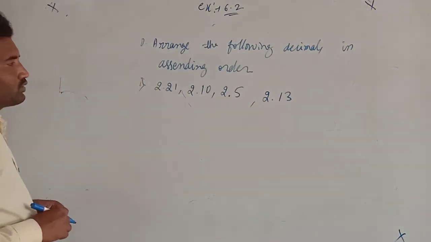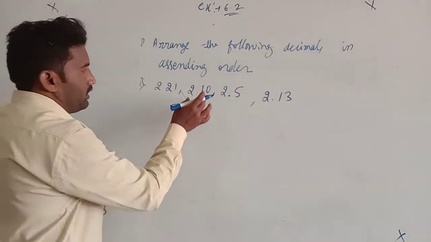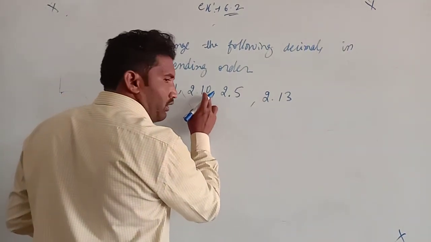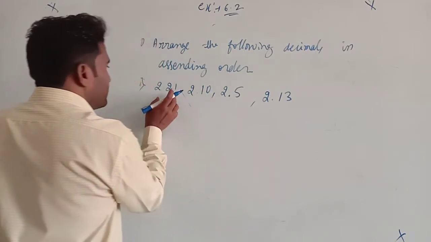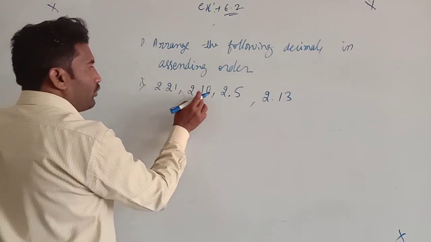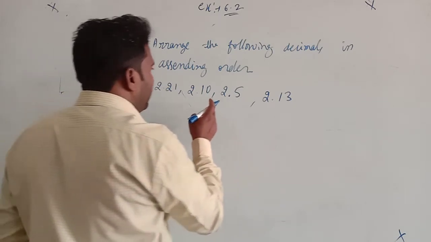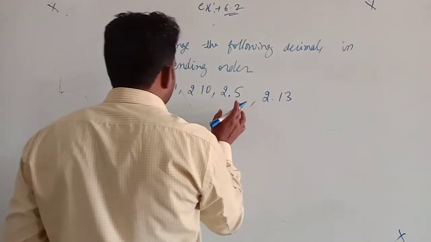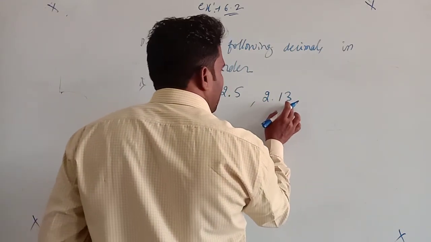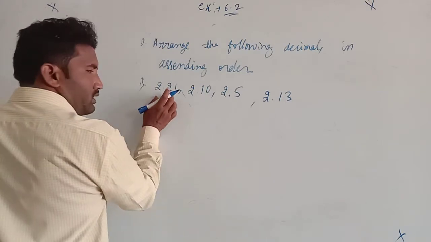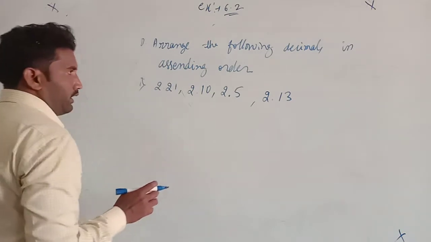Okay, so when we are observing here, this one is smallest because 2.10 is smallest, and greater than 2.10, the second one is 2.13. Okay, this one is third, 2.21, and the last, greatest, is 2.50.